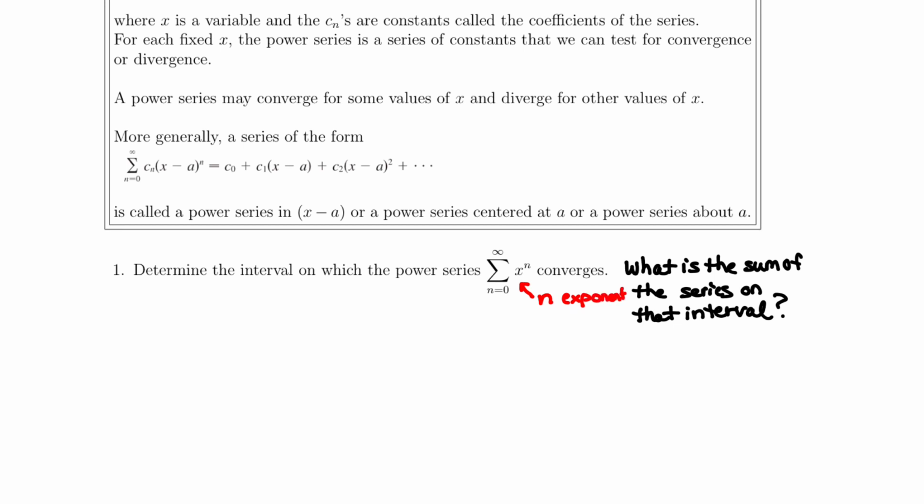And so if I was to list out these terms, I would have x to the 0, which is 1, and then I would have x to the first, and then x to the second, and then x to the third, and x to the fourth, and it'd go forever and ever, right?